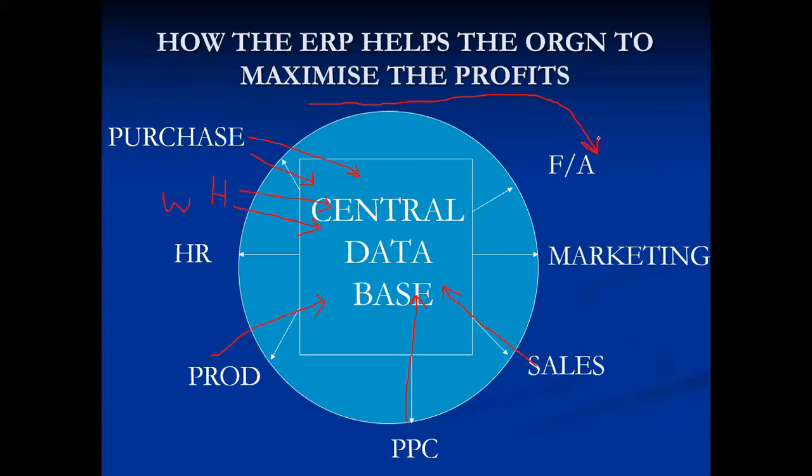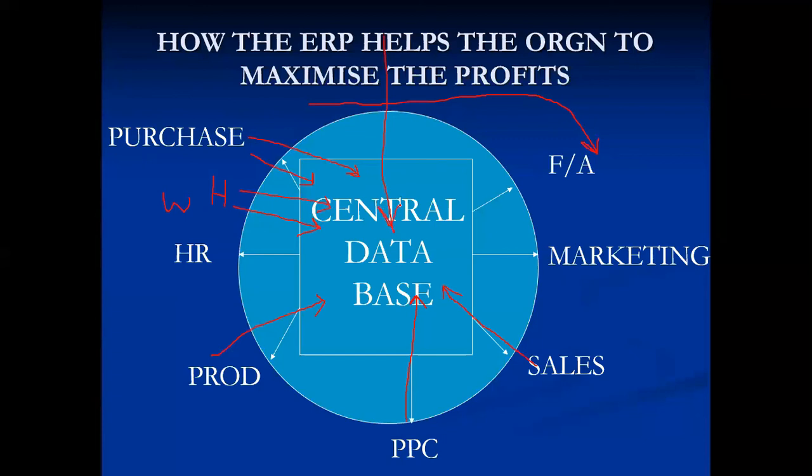Now let us take the example of information required by the General Manager Finance. He wants to know the total amount of purchases that have been made as on today. In that case, he need not ask anybody in the organization. He can just log on to the common database, and from the common database, he can find out the total amount of purchases made as on today.